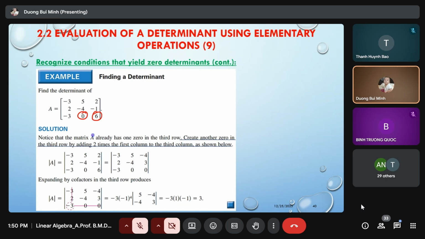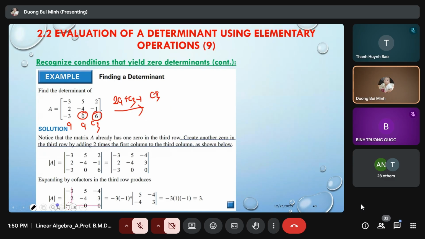So how can we do it? Here we have C1, C2, C3. If we consider 2 times C1 plus C3 relate to C3, you can modify this one to become 0.